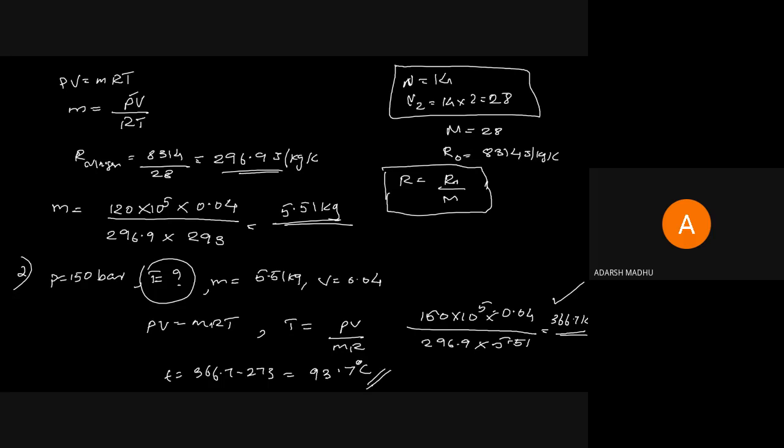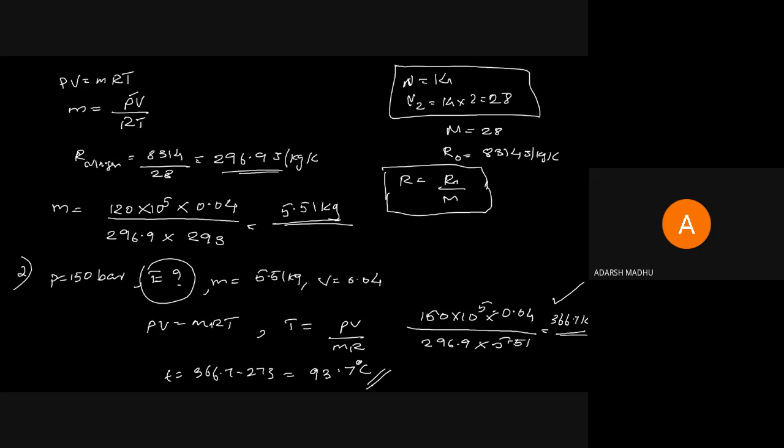The question was also asked in degree Celsius. We converted to this to do the problem. That is the negative, is the problem. So the only equations you want to know are R equal to R0/m and PV equal to MRT, and you must know the molecular weight of nitrogen, oxygen, water and carbon dioxide, etc. Learn 5-6 important values. Here nitrogen is 28.